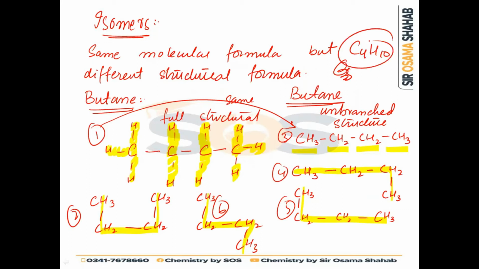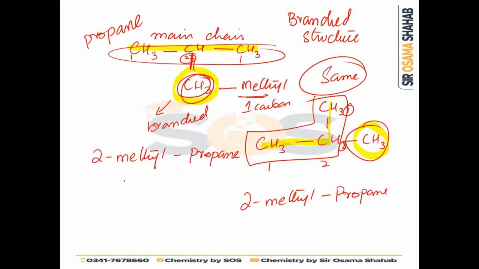You can count if you want. All structures have 4 carbons and 10 hydrogens. The molecular formula shows the exact number of carbons and hydrogens. So the molecular formula for all these structures is C4H10, and even the molecular formula for these two structures as well is C4H10. So the molecular formula is the same, but the structures are different.